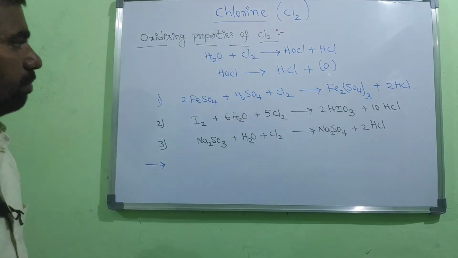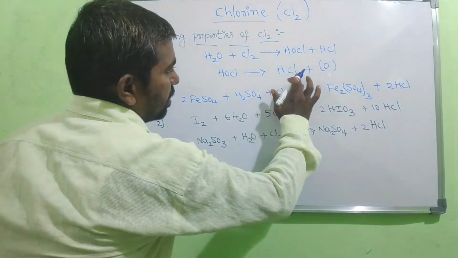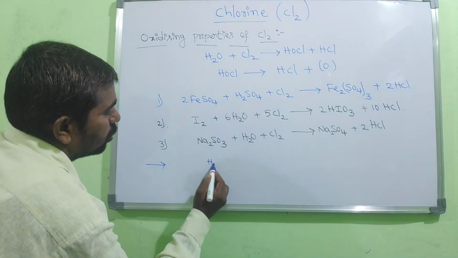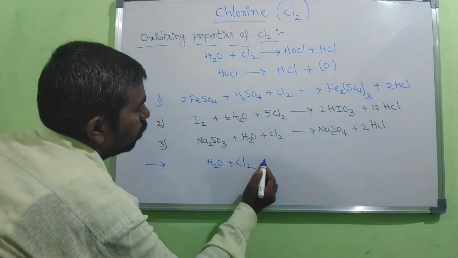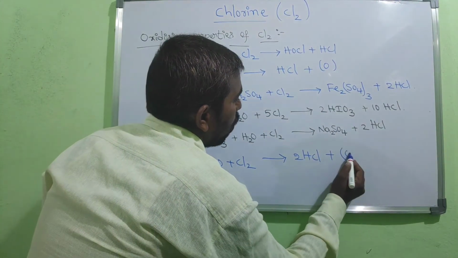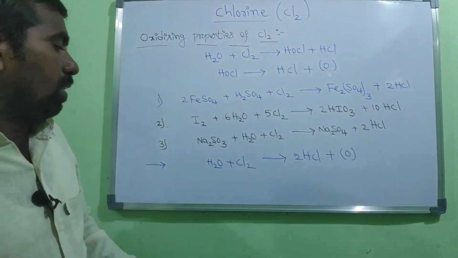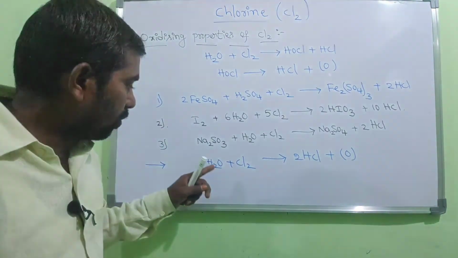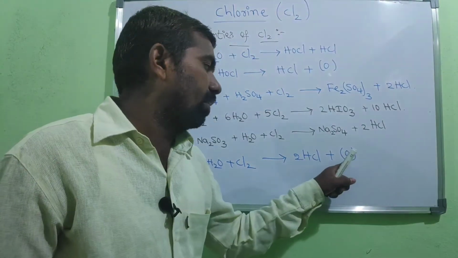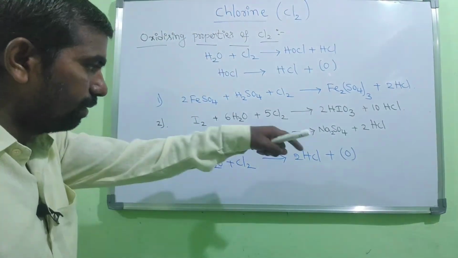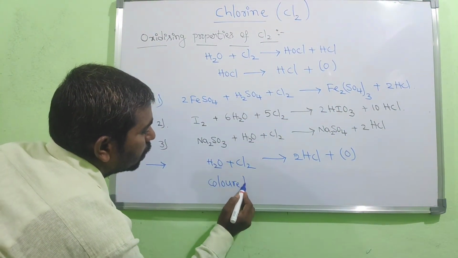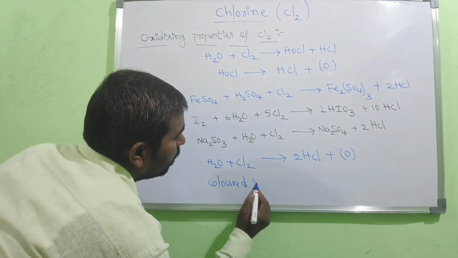Again I am repeating this one: HOCl gives rise to HCl plus O. Slightly combining those two, H2O plus Cl2 gives rise to 2HCl plus O. When chlorine is treated with H2O, it forms hydrogen chloride along with nascent oxygen, and that nascent oxygen is added to the colored substance.